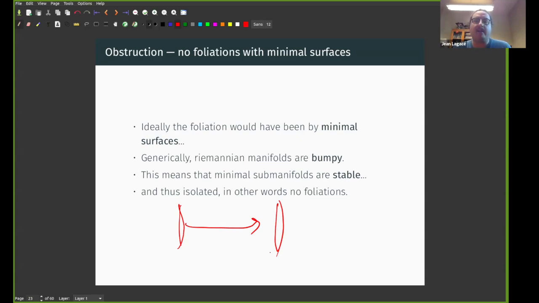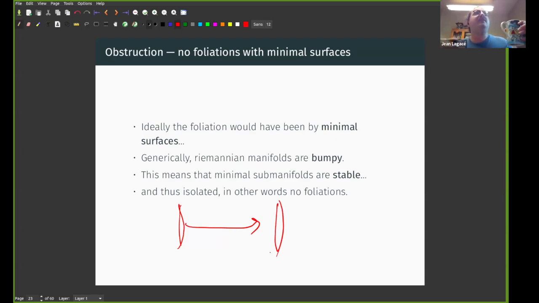Okay, and you can show that a dense open set of Riemannian manifolds has this bumpiness property, and therefore in any neighborhood of the standard metric, most metrics will not have this foliation by minimal surfaces.